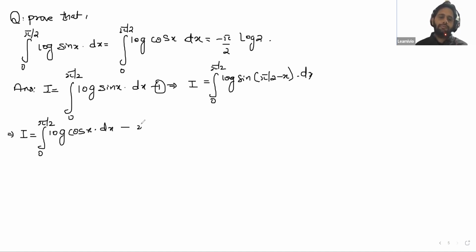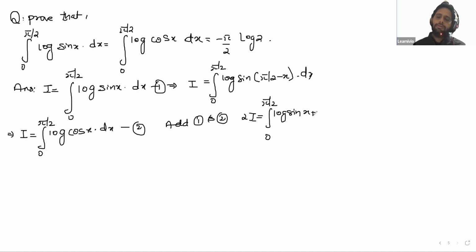Okay, this is 2. Then you added 1 and 2. Then you get 2I is equal to the integral from 0 to pi by 2 of log sin x dx plus the integral from 0 to pi by 2 of log cos x dx. And finally you get this one.